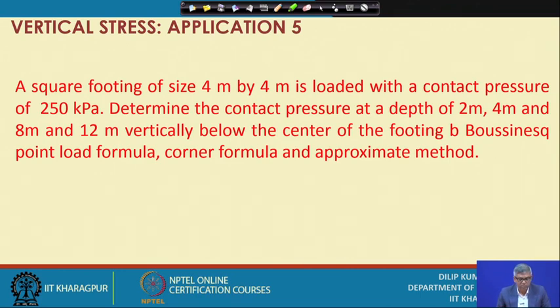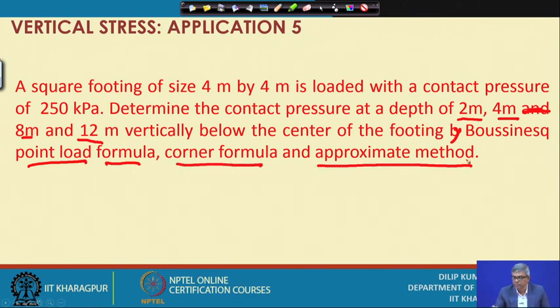calculation. A square footing of size 4 meter by 4 meter is loaded with a contact pressure of 250 kPa. Determine the contact pressure at depths of 2 meter, 4 meter, 8 meter and 12 meter vertically below the center of the footing by Boussinesq's point load formula, corner formula and approximate method.